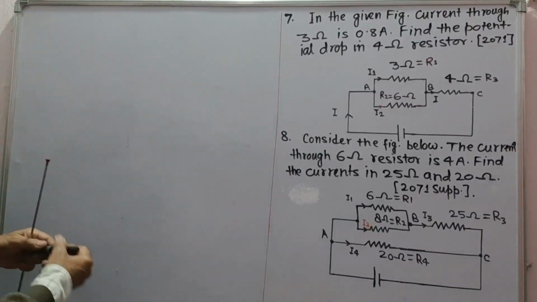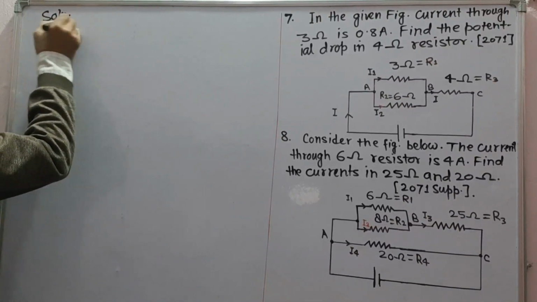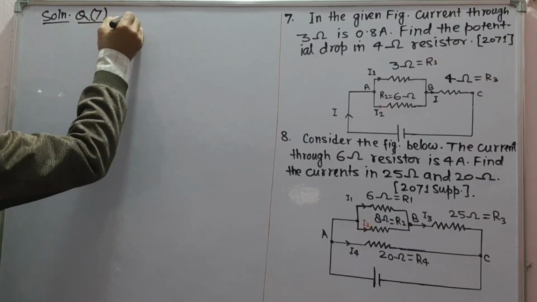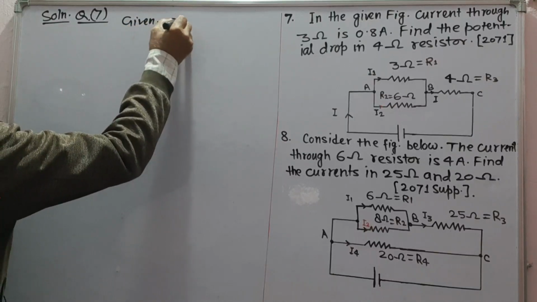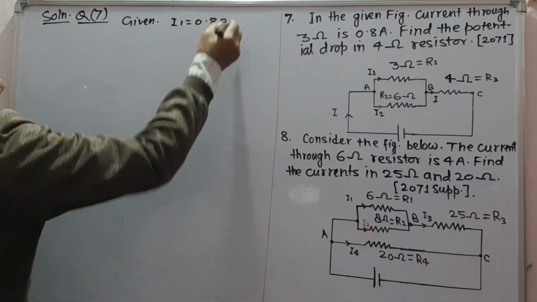So, solution to question 7, given I1 is equal to 0.8 ampere.